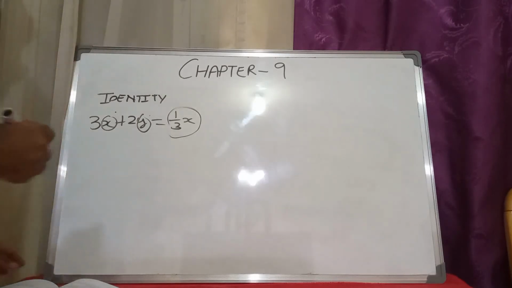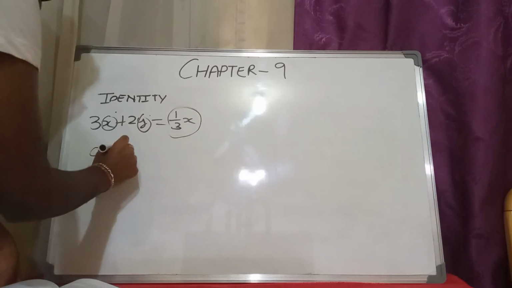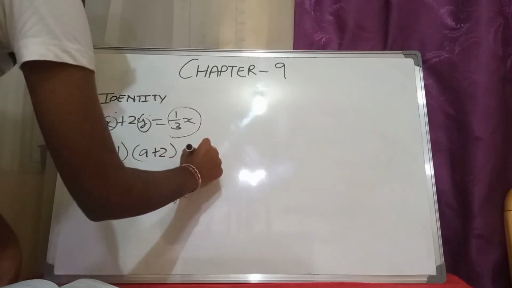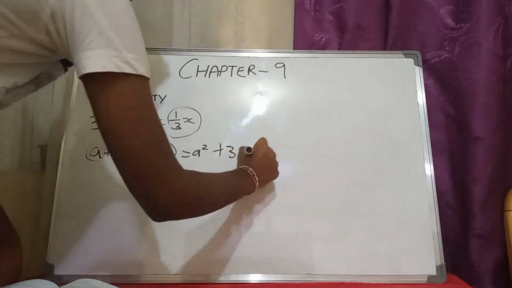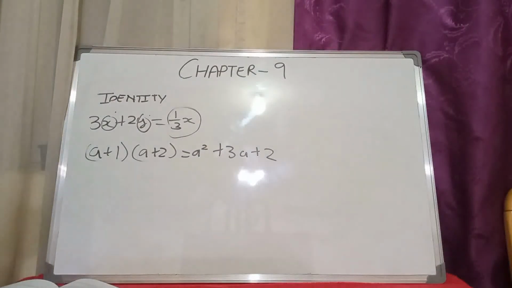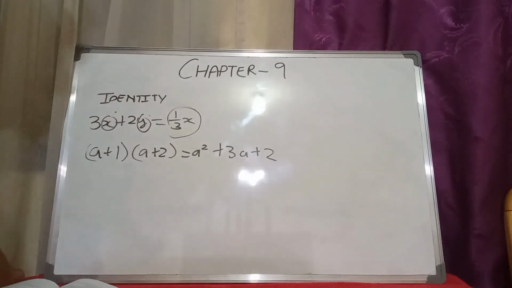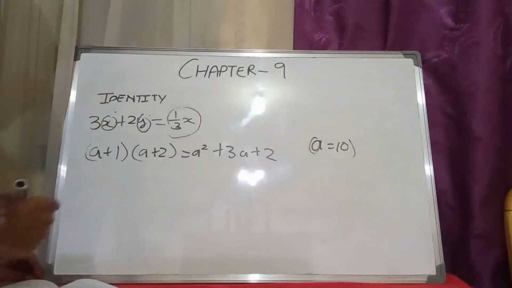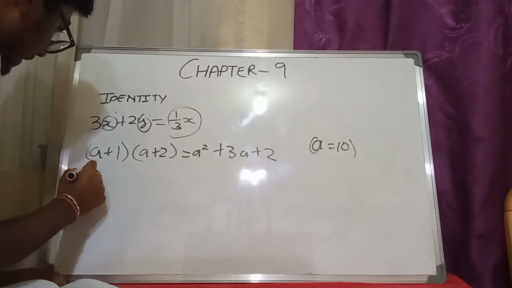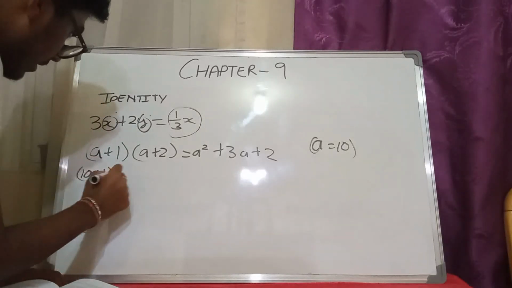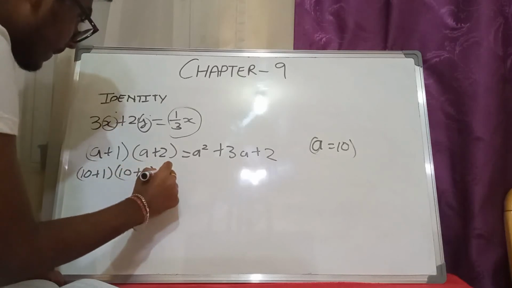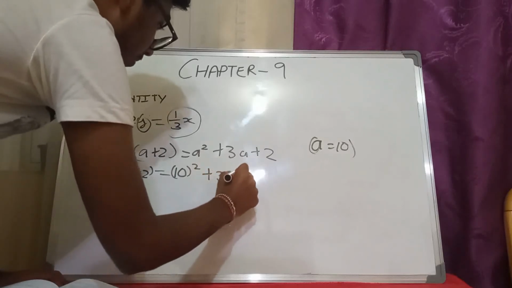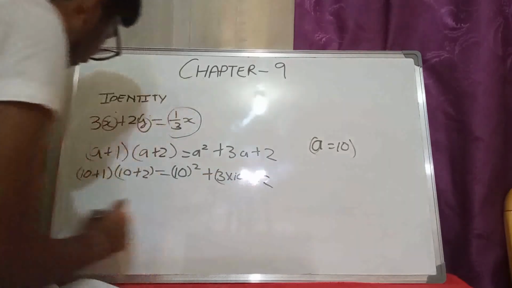Now, for example, we take the example given in a textbook: a into (a plus 1) into (a plus 2) equals a cube plus 3a square plus 2a. If we try to solve it, we take a as 10, as given in our textbook. Then we get 10 into 11 into 12, and the other side is 10 cube plus 3 into 10 square plus 2 into 10. Let's see if it's equal.